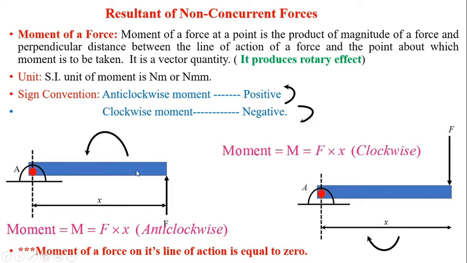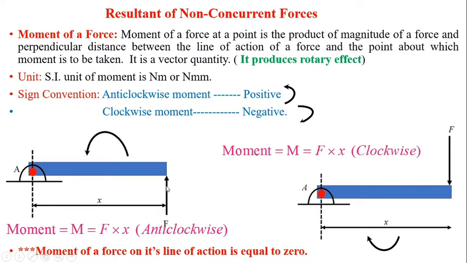Now, if you are taking moment about point A, then to calculate the moment about point A, you must know the magnitude of the force, that is F, and the perpendicular distance between the point about which we are taking moment and the line of action of the force. Here, the perpendicular distance is known to us, and hence the moment about point A is equal to the product of the force F and the perpendicular distance.